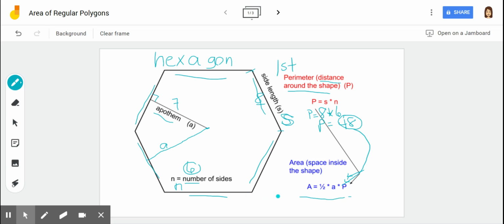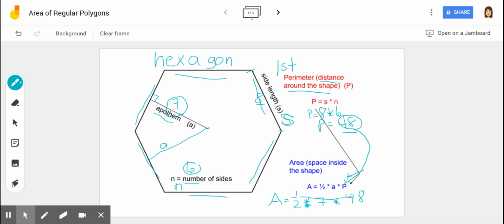So then our total area of this shape, or the space to fill the hexagon, is 1/2 times A. A in this case is 7, times our perimeter, which we calculated to be 48.